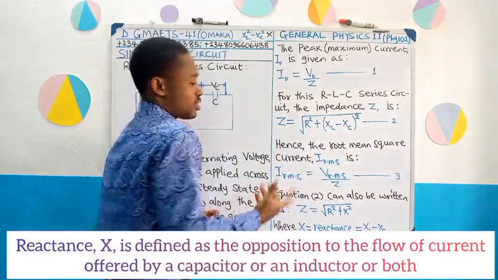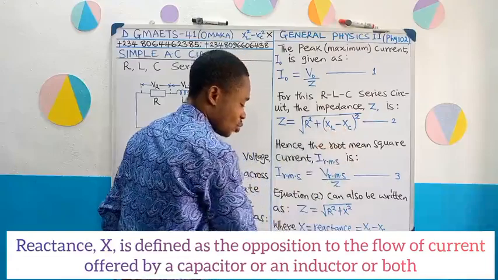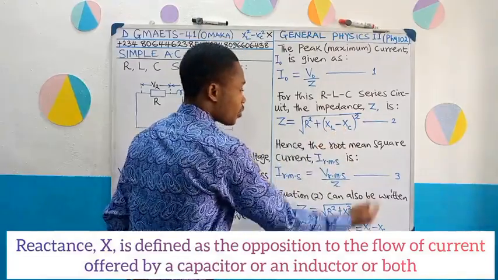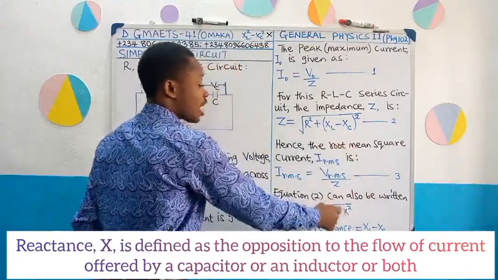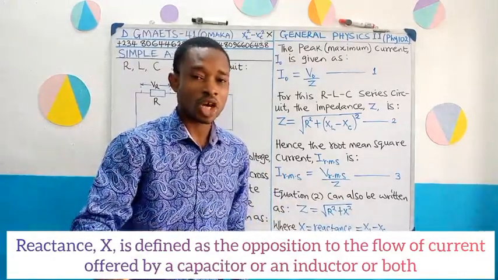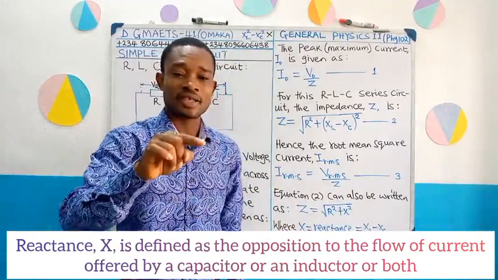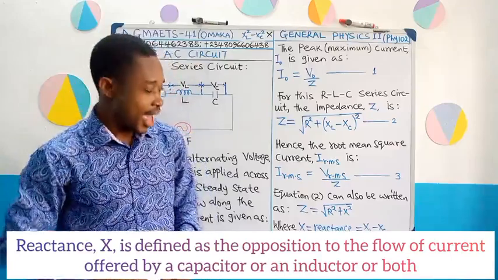So if I decide to replace XL minus XC with X, which we call reactance, then of course this formula can still take this form, Z equal to square root of R squared plus X squared. For short, are you following? For short. You have to remember that your X there, reactance, is equal to XL minus what? XC.